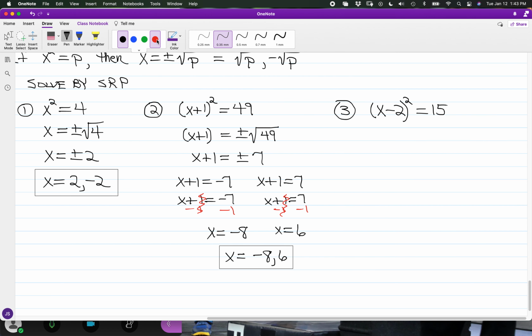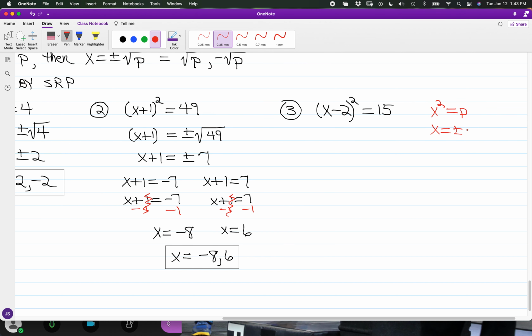And just to provide a little bit of a visual aid, again we're still using the square root property of equality. So what I have here represents the x squared is equal to p stage. And if I cross over going out to x is equal to plus or minus the square root of p, going from x squared to x, here I had the square of x minus 2 to just x minus 2.